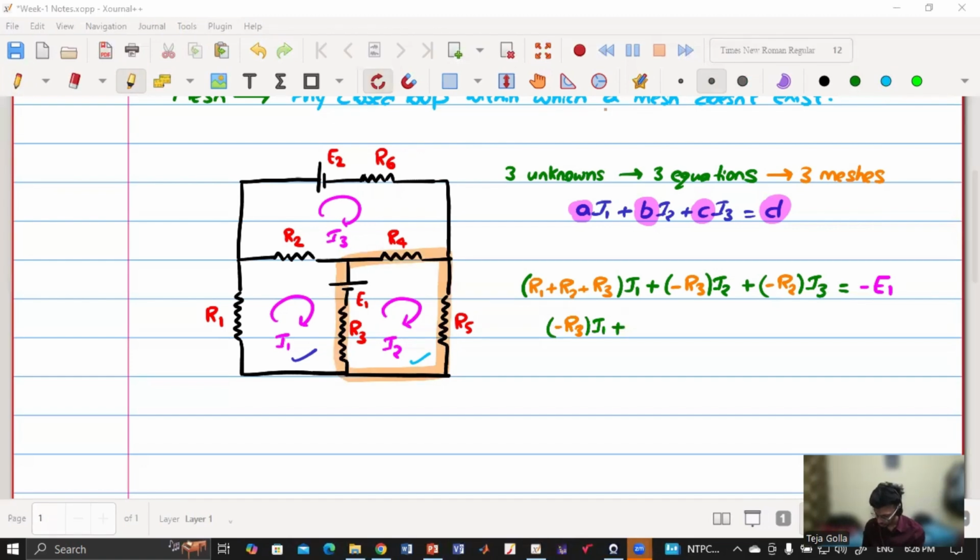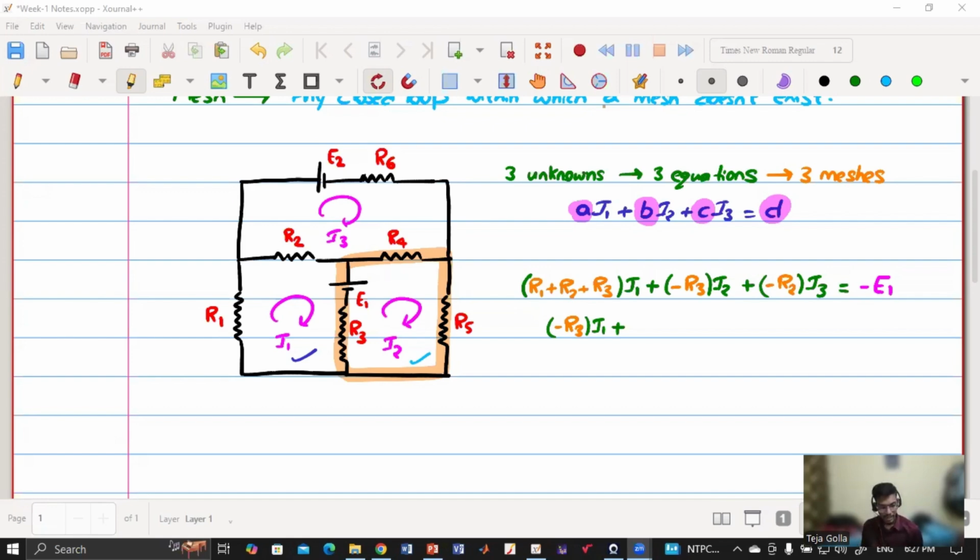What will be the coefficient of I2, which will be the sum of the resistances in that mesh? R1 plus R2 plus R3? Can you just check, it is not R1 plus R2 plus R3. It is the mesh M2, which I have highlighted. Someone has mentioned, Jnanandar Rao, Akshay also, R3 plus R4 plus R5. Absolutely correct.